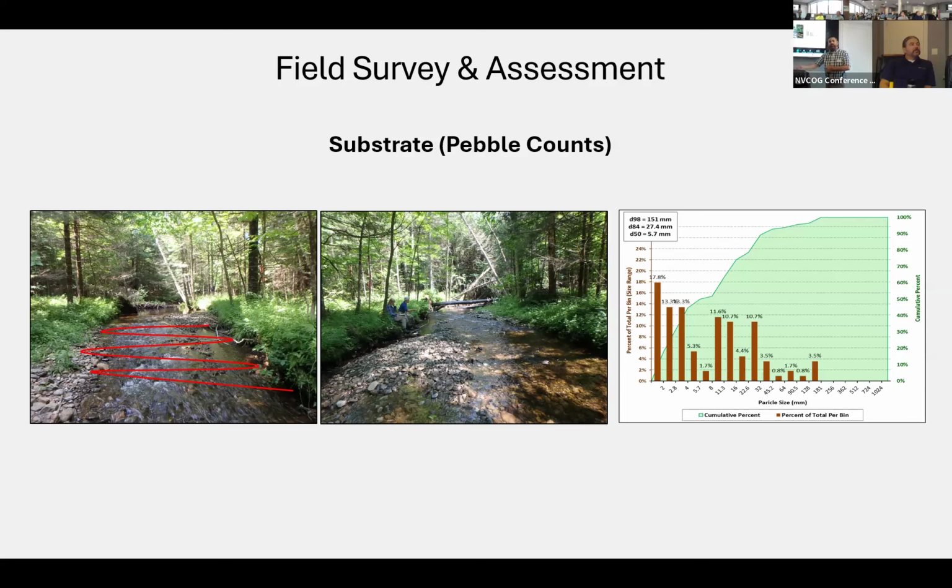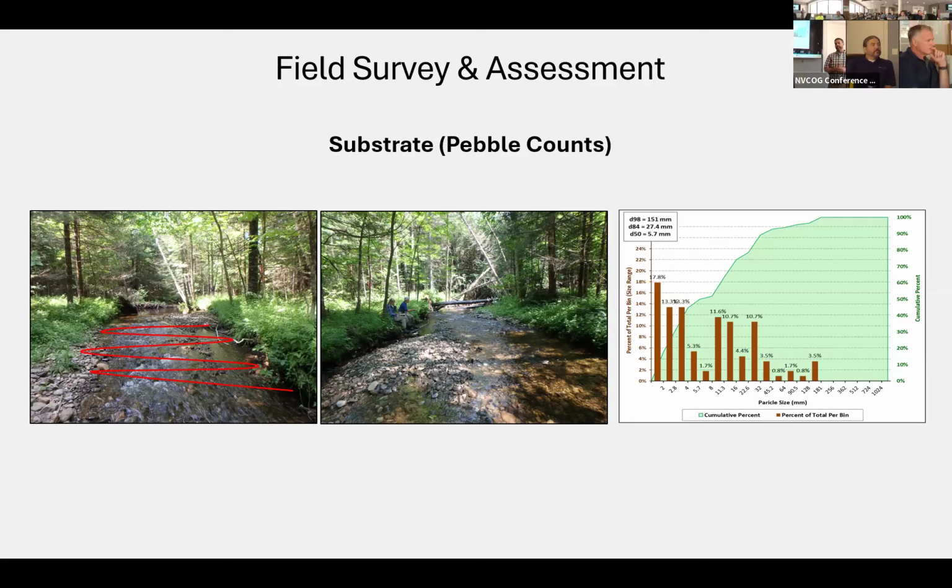You're collecting at least 100 of those in a stretch of river so that you can then classify and plot your data, to get a frequency distribution or a cumulative distribution curve to understand what's the average stone size here, what's the maximum stone size, what's the minimum stone size, and use that to then design or prescribe what you're going to put into your substrate in the stream crossing.